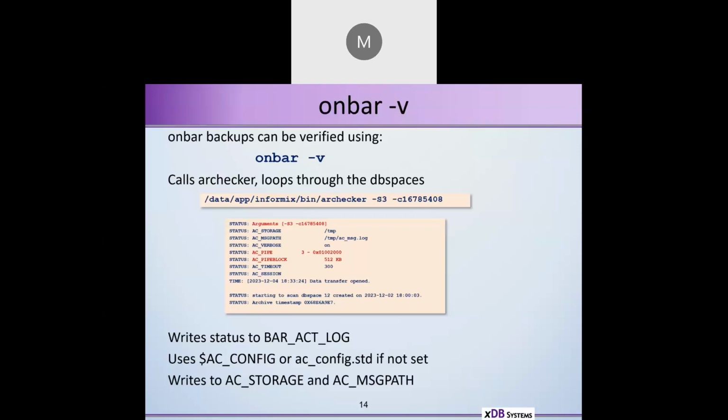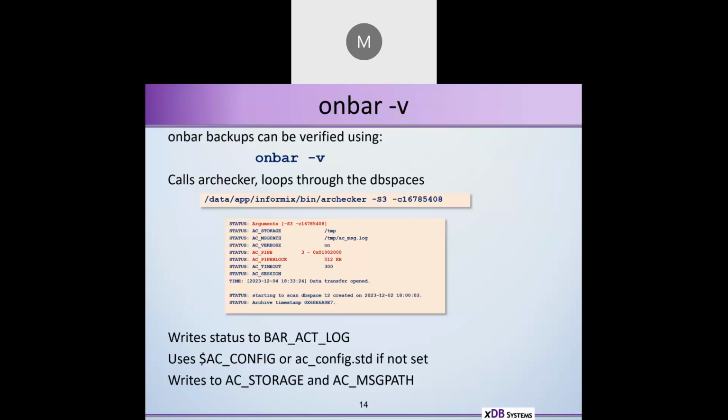Now, I will say though that when I run onbar -V, it has been painfully slow. I don't know whether your experience is the same, but it can take several times longer to run onbar -V than it does to take the actual backup in the first place.